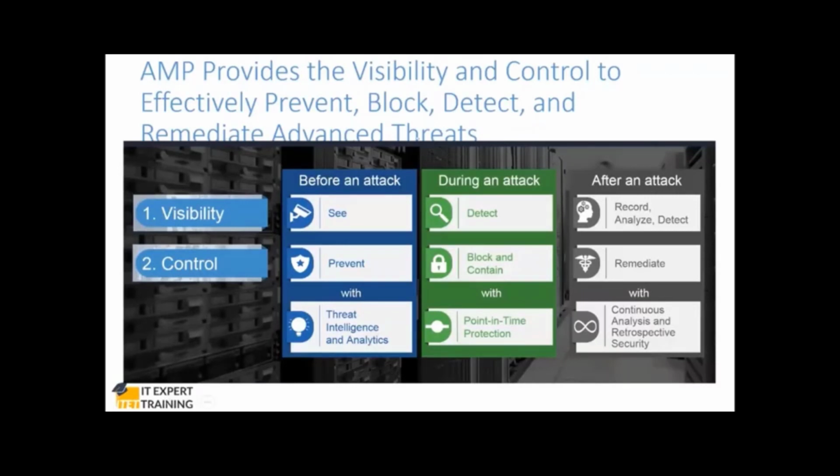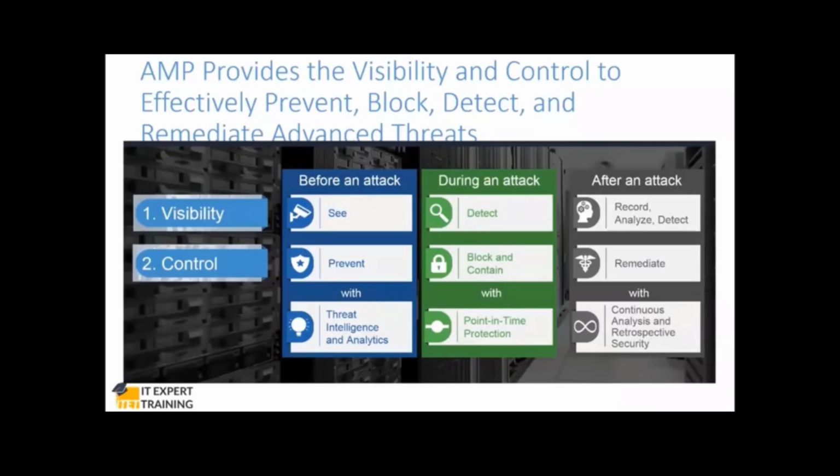Here you can see it will analyze and record to understand where the breach started, what the malware did, how it spread, and help prevent that infection in the future.